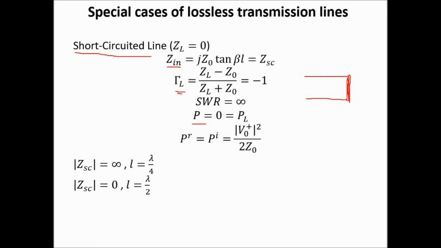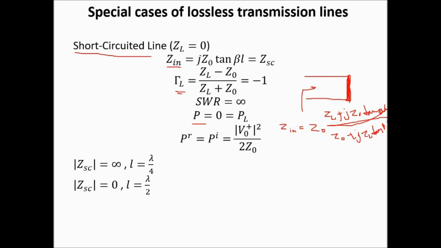So this is a short circuit transmission line. What will be the input impedance? The formula is Z naught (ZL plus Z naught tan beta L) over (Z naught plus ZL tan beta L).